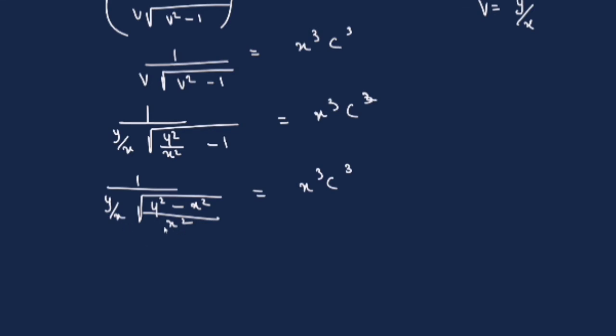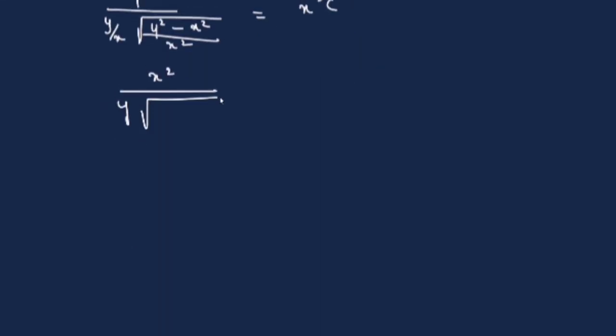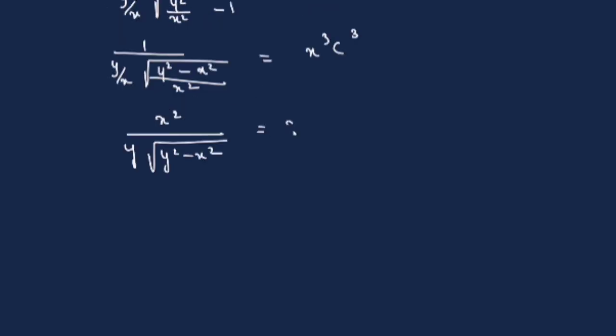So x into x, x square, will go to the numerator. It will become x square by y into root of y square minus x square is x cube into c cube. We can cancel one x square here, and this will become x. So we get 1 by y root of y square minus x square is x into c cube.